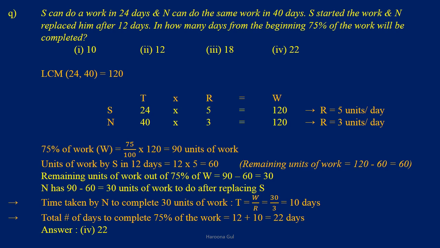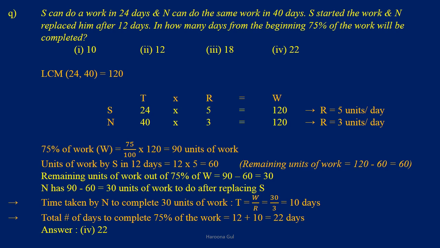Now you see, we have to find how many days from the beginning 75% of the work will be completed. So N will have to do how many units of work? It will do 90 minus 60, which is equal to 30 units of work to do after replacing S, right?